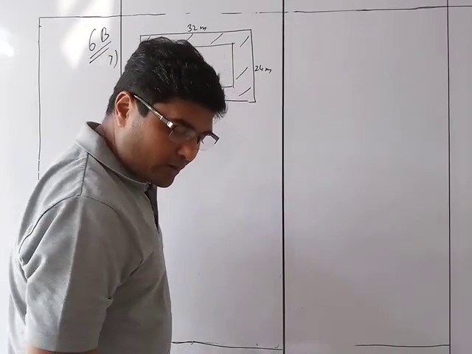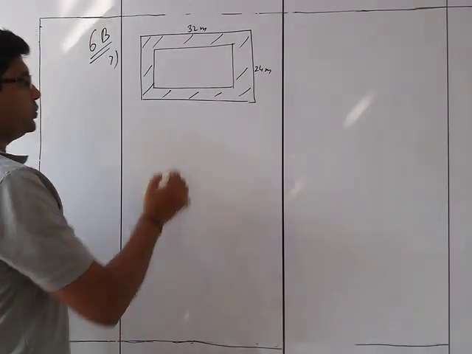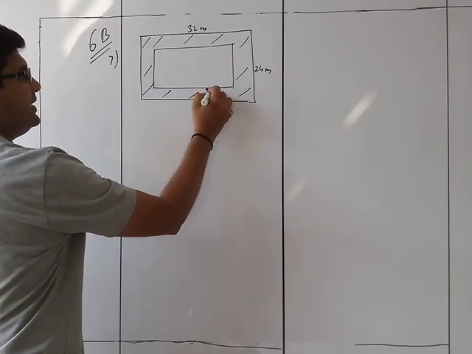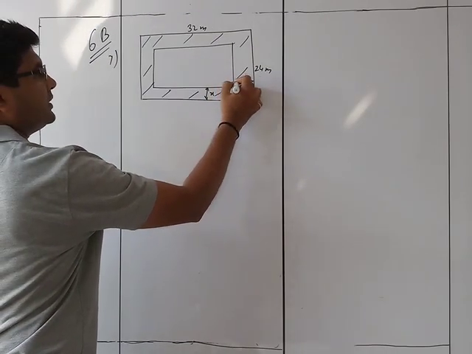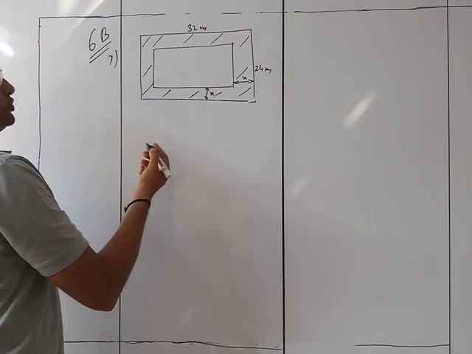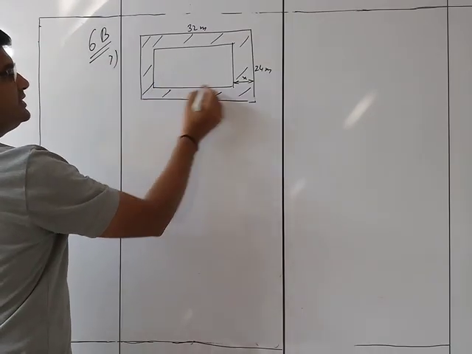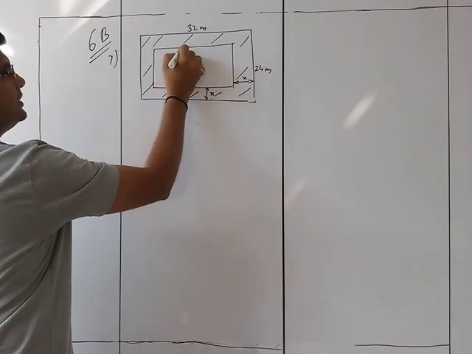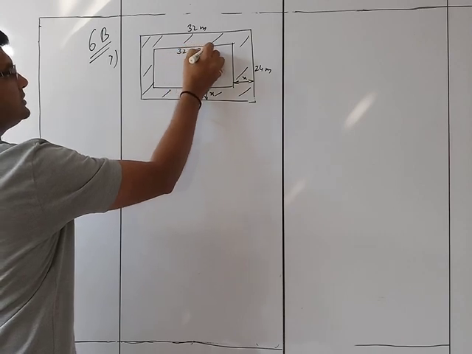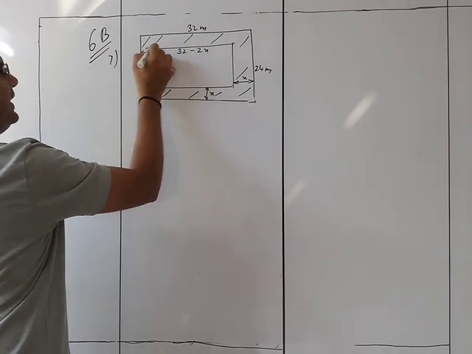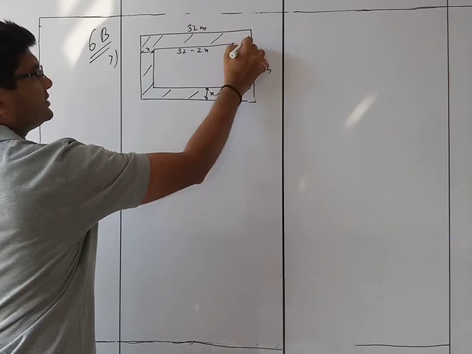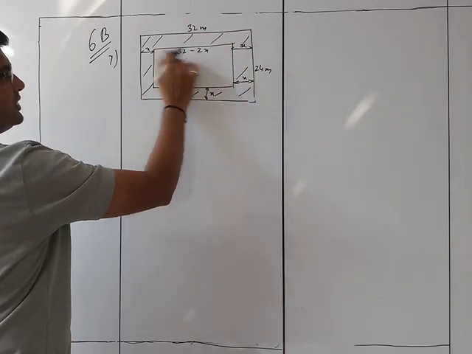The path occupies 208 meters square, find the width. So here we have the width over here to be x, this over here is x, they are uniform, so x and x over here. That means this length will be 32 minus 2x because x is over here and x is over here. So 2x is subtracted from 32, so this becomes the length.